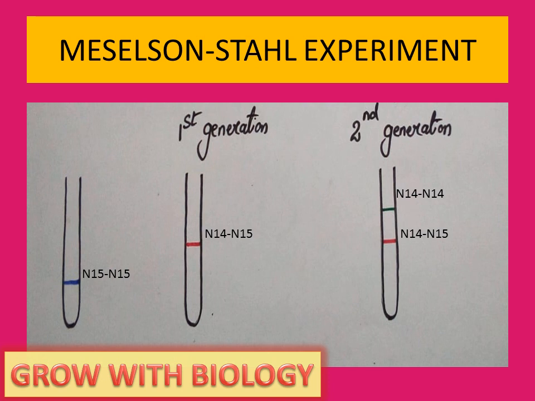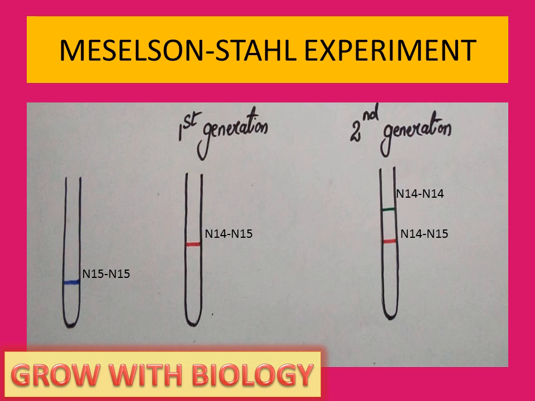Then again in the second generation he grew it in N14, and when he compared the parent with the first and second generations, he found that one band position is similar to that of the first generation, and another band is still lighter than the previous generation.